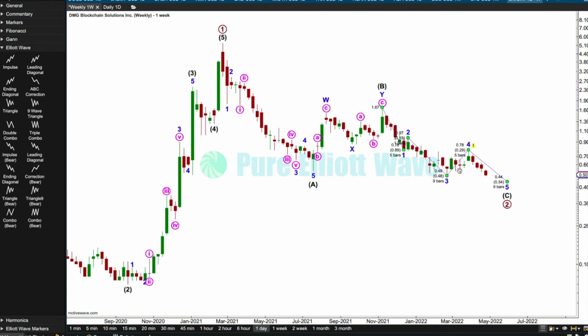So, oh, okay, so that conclusion is that 1 should be over here, and this should be 2, which means that it's got quite a long way down to go, and it's in a third wave of a C wave. That's pretty bearish.